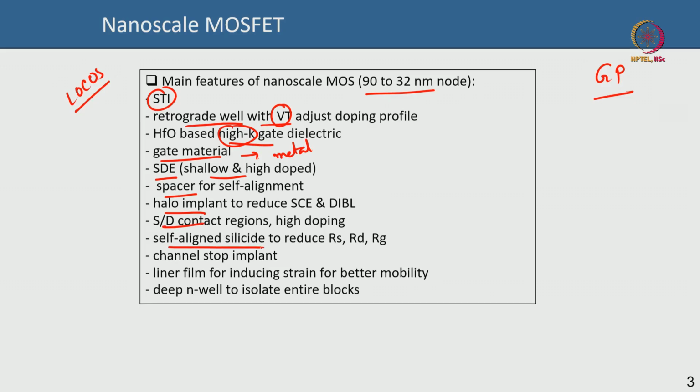People use self aligned silicide to reduce all these parasitic resistances. People also use a channel stop implant on top of the STI. And people can use some liner film or some silicon germanium substrate to induce strain on silicon so that it can enhance the mobility, and deep well of course. So, these are some of the key features of MOSFET when you scale them down to sub 100 nanometer gate lengths.